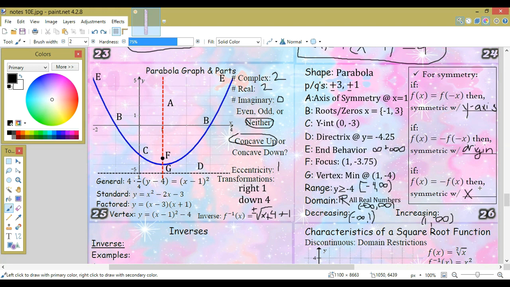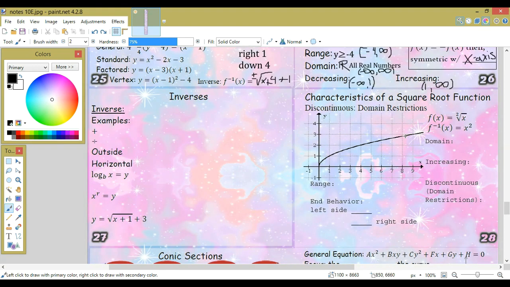Which, by the way, those would not be functions. But they could still be parabolas, even if they're not functions. Like if you have a parabola facing this way, it would fail the vertical line test, but it'd still be a parabola shape.